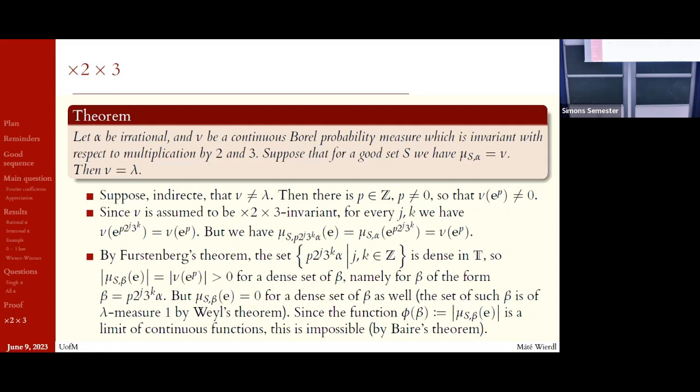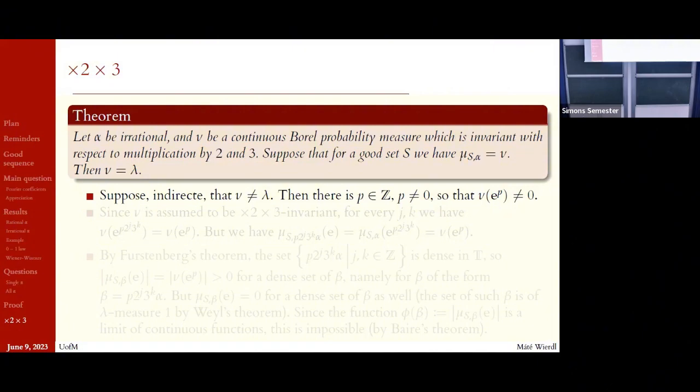So you give an indirect proof. Suppose that mu is not the Lebesgue measure. Then, by definition, there is a non-zero p so that the p-th Fourier coefficient of mu is not 0.